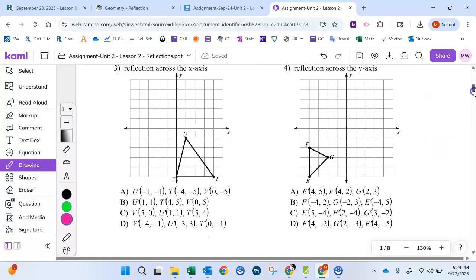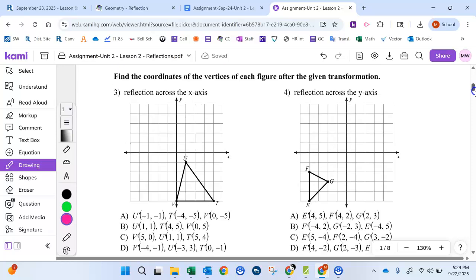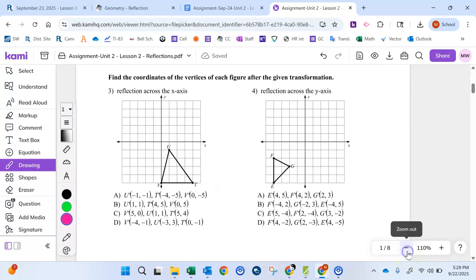Now we're going to look at what the coordinates would be when you have a reflection. It tells us it's a reflection across the x-axis, so it's going to be across this. What we do is pick any point. So let's pick U. Where is U right now? Well, it's 1 away from here, so U prime is going to be 1 above.